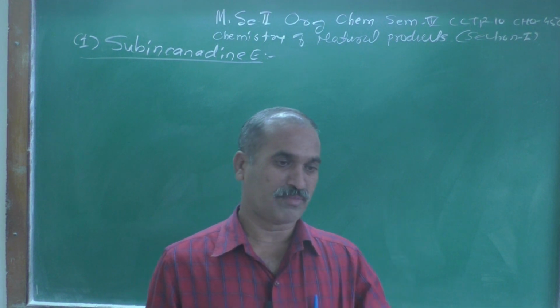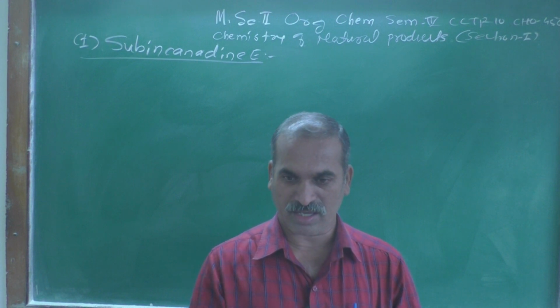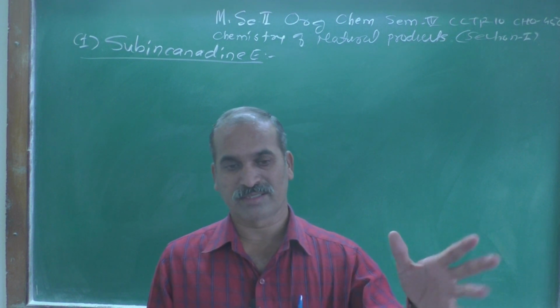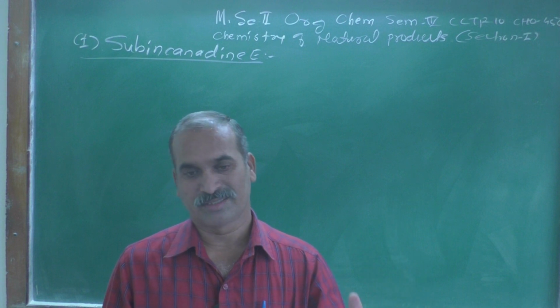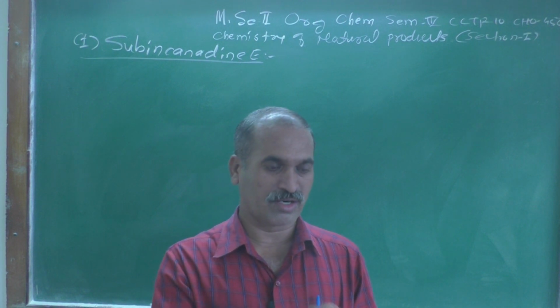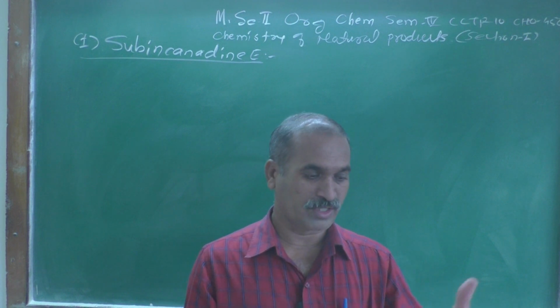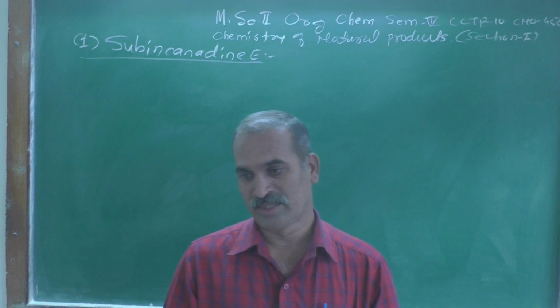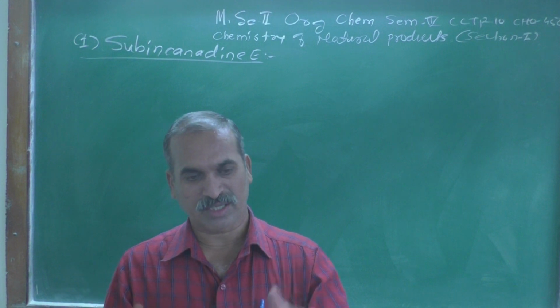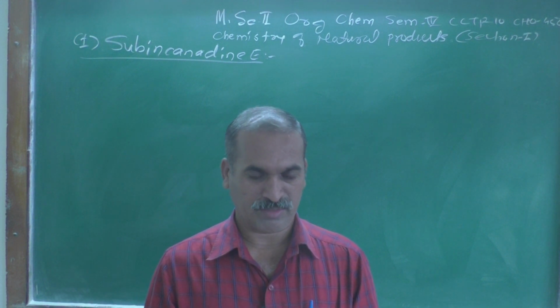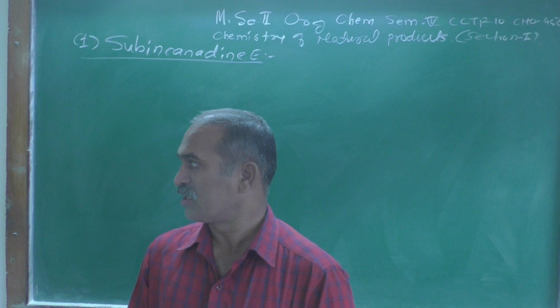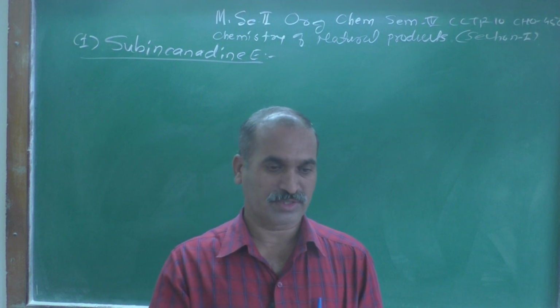Conformational isomerism means that just by rotating a carbon-carbon single bond, we get different types of isomers, like staggered isomers and eclipsed isomers if the compounds are open chain. That type of isomerism is known as conformational isomerism.